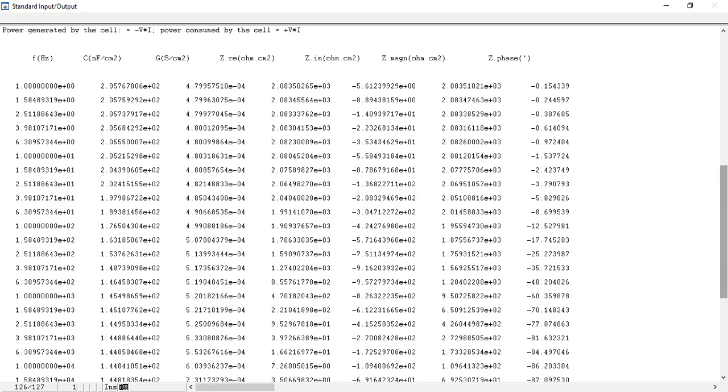So we can simply collect a set of frequency ranges with respect to real and imaginary impedances, put this data into some other software, and clearly plot a graphical representation. And when we talk about the phase, we can see that the phase angle is a negative value.